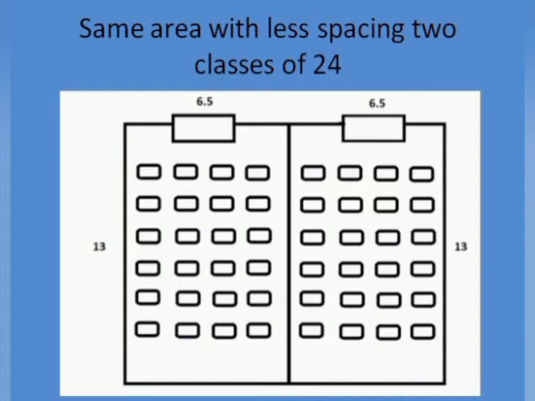The same space which was utilized previously to accommodate 24 students is now being utilized to accommodate 48 students, and two simultaneous classes are being conducted at the same time. So this is a concept of utilizing space intelligently.